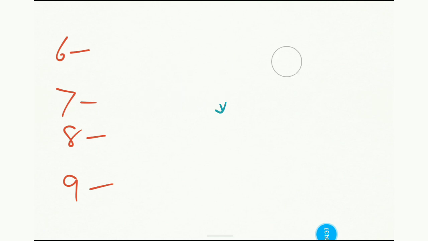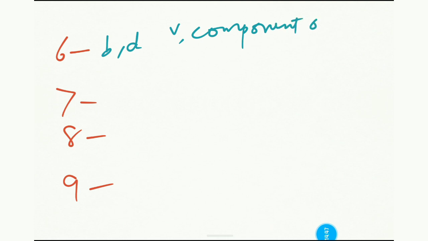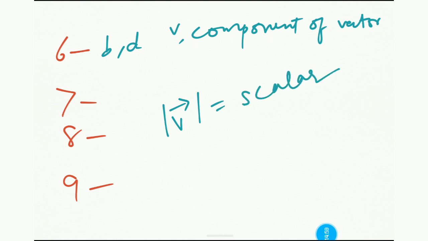So the answer would be vector and component of vector, B and D. And the other options were scalar and magnitude of vector. See, magnitude of vector cannot be the option because just now we discussed that the magnitude of a vector is a scalar. So that is not in the option. That's why we are eliminating that.